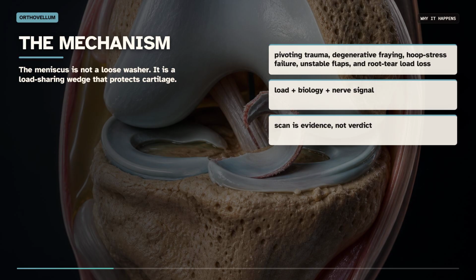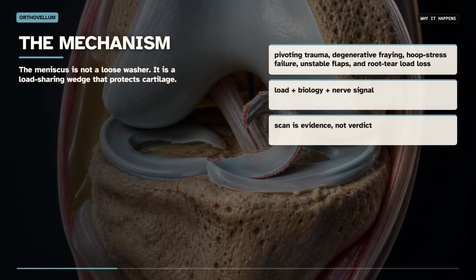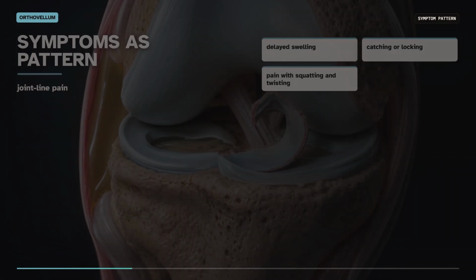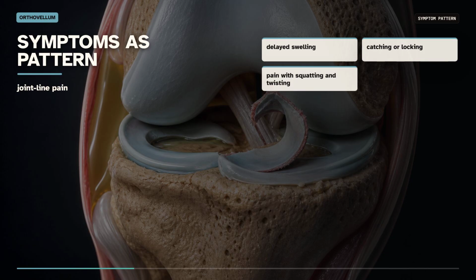A practical way to think about almost every orthopedic problem is tissue capacity versus load demand. If the load is temporarily too high, the answer may be calming and rebuilding. If the structure has mechanically failed, the answer may need repair, reconstruction, replacement, or protection. The common symptoms cluster around joint line pain, delayed swelling, catching or locking, and pain with squatting and twisting.